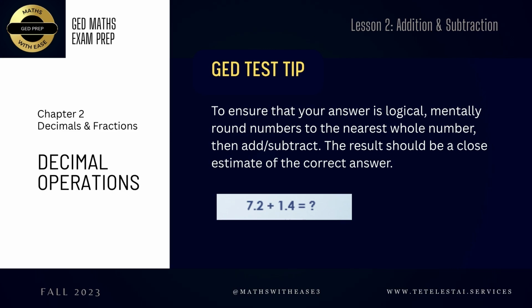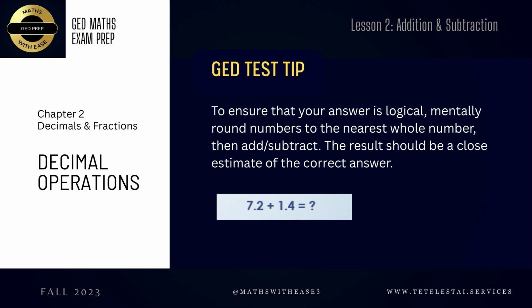So for example, here you see that before you start calculating, you could mentally round 7.2 to 7, since 2 is less than 5. And you could mentally round 1.4 to 1, since 4 is less than 5. So you know that your answer, whatever answer you get once you start your calculations, should be less than 10, right? So if you're seeing an answer like 59.5, whatever, you know that you've made a mistake somewhere with your calculations.